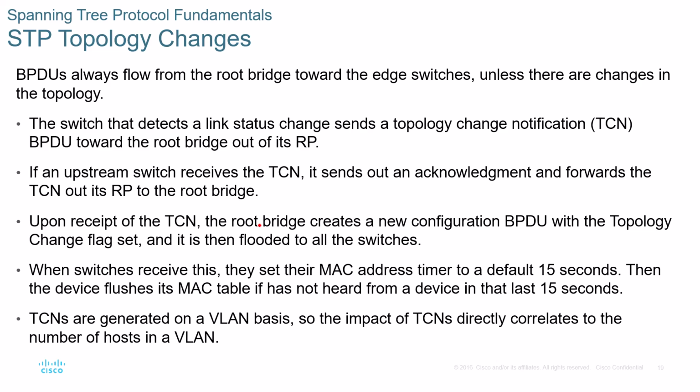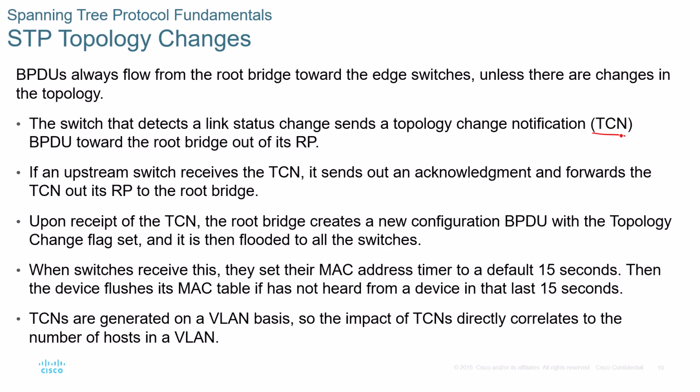So topology changes will be done through a BPDU, and they will always flow from the root bridge to the edge switches, unless there's a massive change in the topology. If the topology does change, we should get a TCN BPDU, and that'll be heading towards the root bridge.